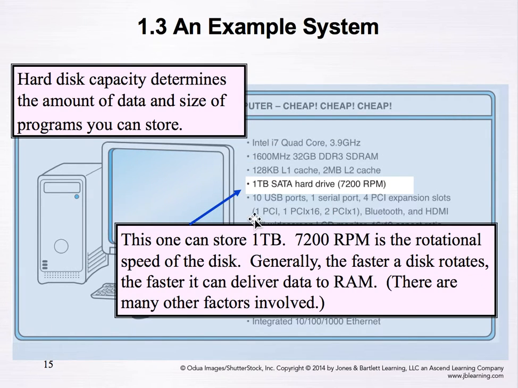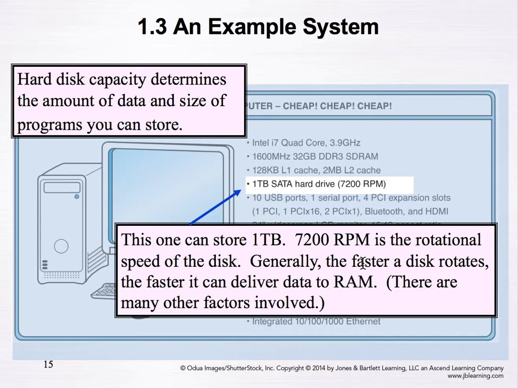The next information says that the storage, the hard drive of the system, has a capacity of 1 terabyte, and the next parameter says that the rotational speed of the disk is 7,200 revolutions per minute.